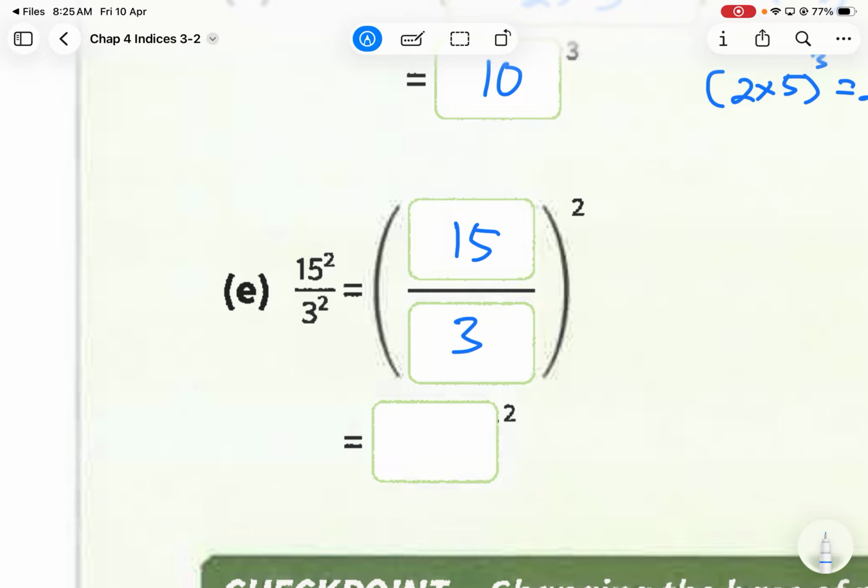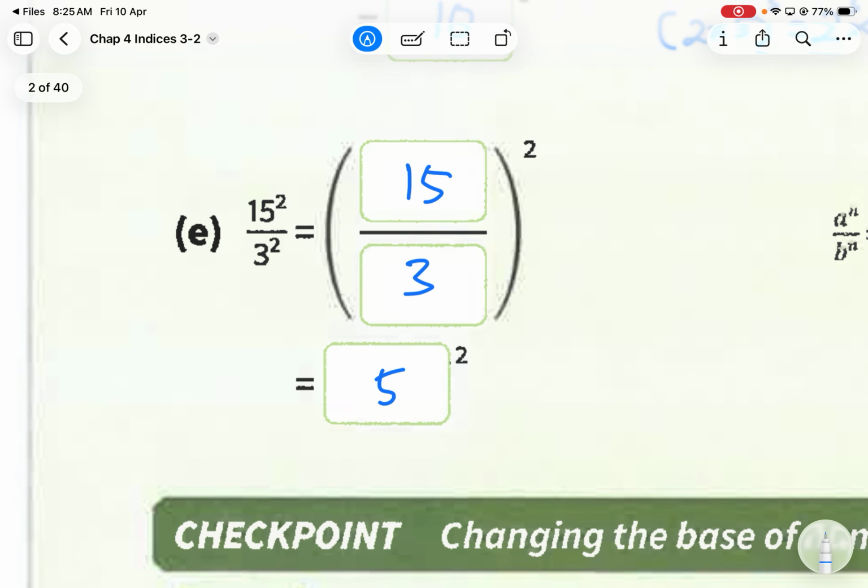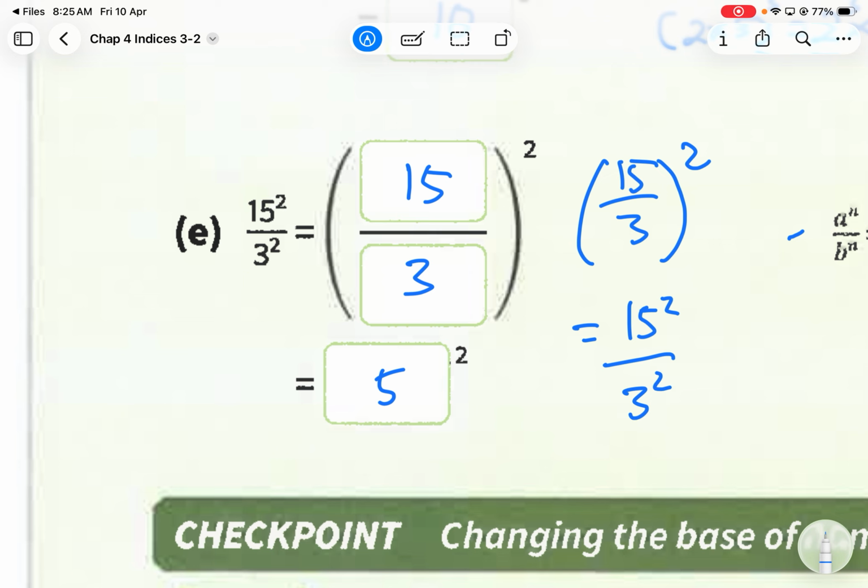When the power is the same, division, I can divide the base. Then it will become 5 square. Okay? So, also same. Usually we use the reverse one. When we are given 15 over 3 square, it will become 15 square and 3 square. Usually we go this direction.